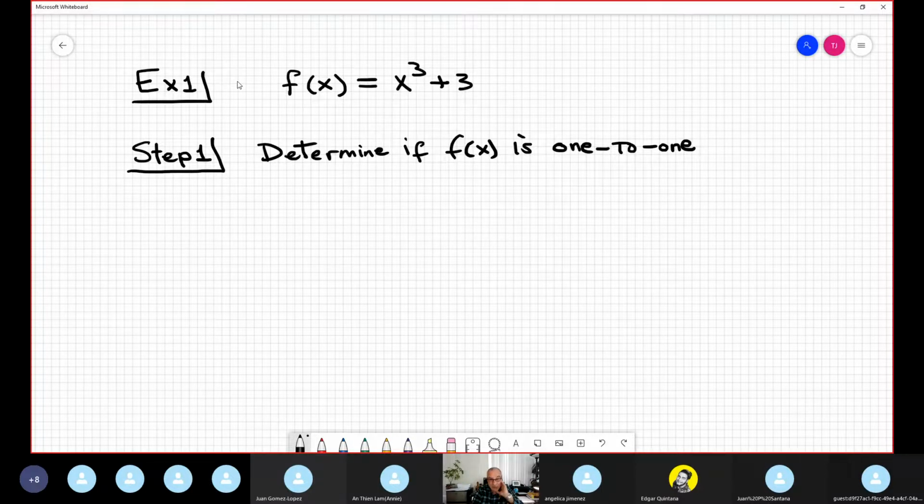Otherwise, stop. Suppose it is not one-to-one, then the inverse does not exist, therefore I finish the problem. Well, the only tool that we have to determine if it is one-to-one or not is the famous horizontal line test.